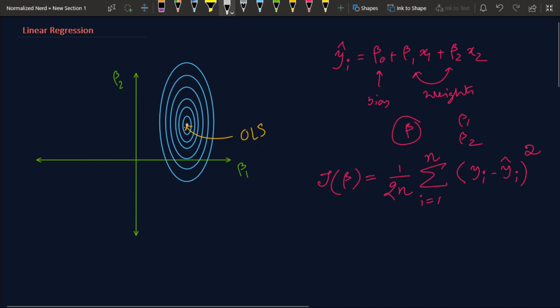So imagine we are drawing a vector from here to here. If I draw a perpendicular here, this is our beta 1, and if I draw a perpendicular here, this is just beta 2. So that's how we represent a vector in vector space. So after the minimization our vector of weights beta will be this.